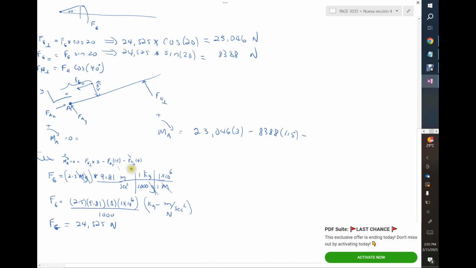minus FH, the hydraulic. But the hydraulic, in the perpendicular, is going to be FH times cosine of 40.